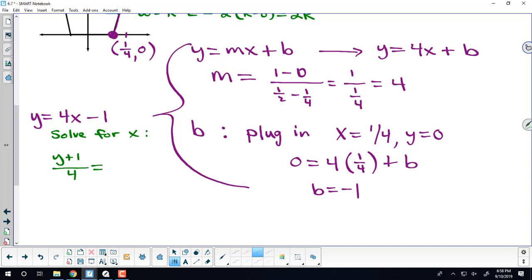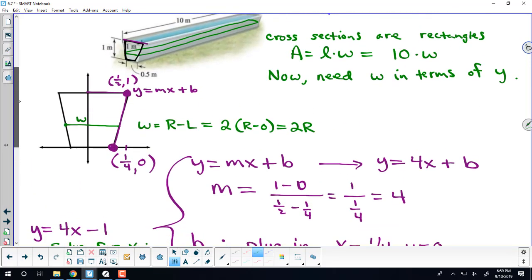Okay, so y plus 1 over 4 is what we want to look at as the equation of that line. So what are we doing with the y plus 1 over 4 equals x? Is this y plus 1 over 4 our area function? Times 10. Remember we needed the width times 10 to find the area of the cross section. But we're not even that close yet.